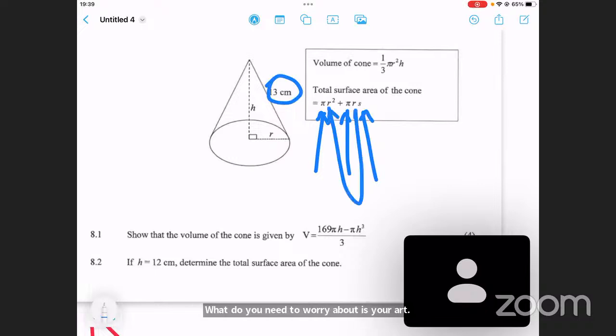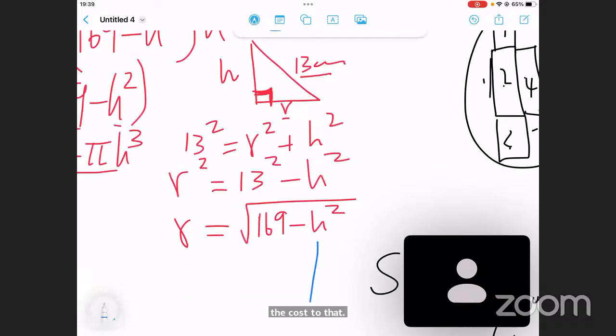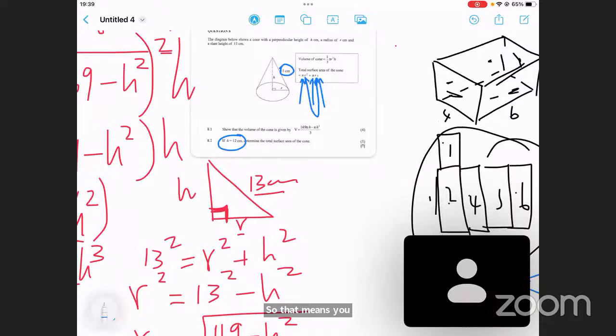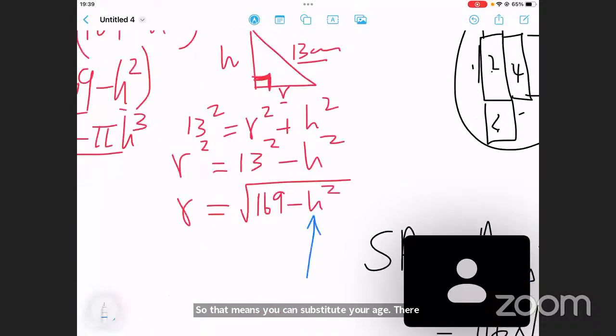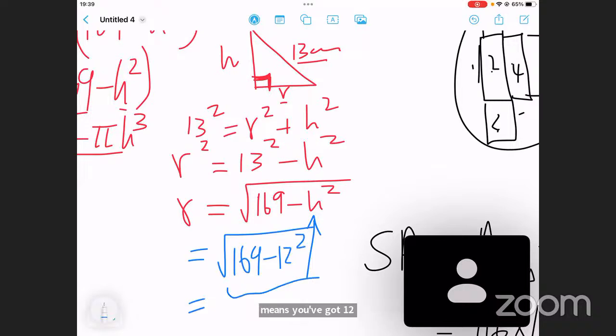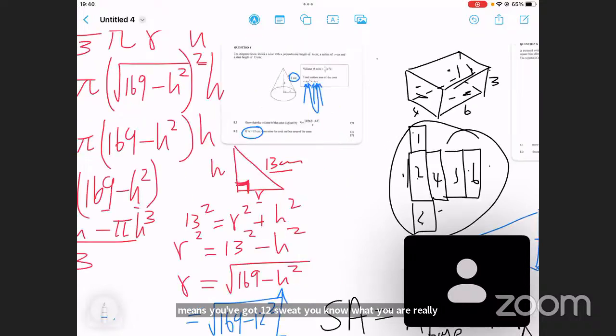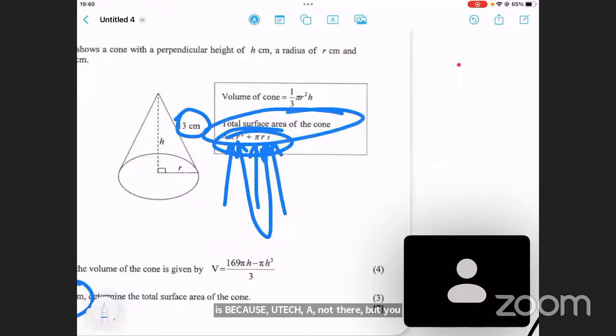But I think you can calculate r because they said if h is equal to that, you can substitute your h there, which is equal to 12. Then that's how you will know your value of r. That means you've got 12 squared. You will therefore need to substitute into that formula and calculate the total surface area.